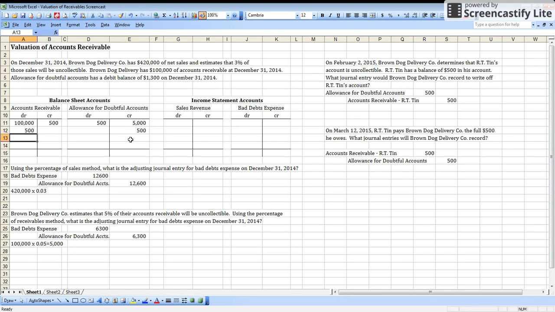Now we are back to where we started. RT Tin has an accounts receivable with us, but he's paid. When a customer pays, we get cash. Also, that customer does not owe us anything anymore.